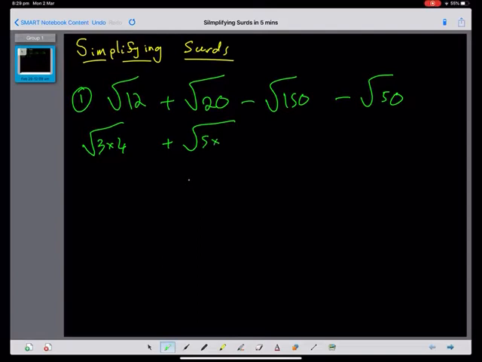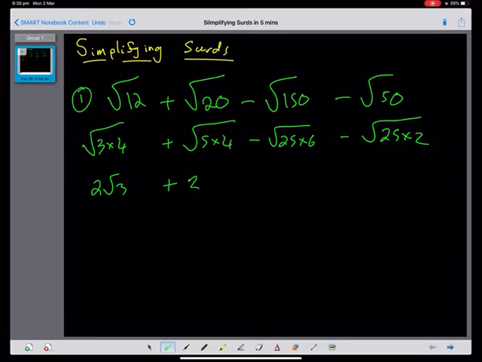This is 5 times 4. This is 25 times 6. And this is 25 times 2. Okay, hopefully now you can recognize that this is 2 root 3 plus 2 root 5 minus 5 root 6 minus 5 root 2. Okay, so we can't collect any like terms together, so this is the answer.